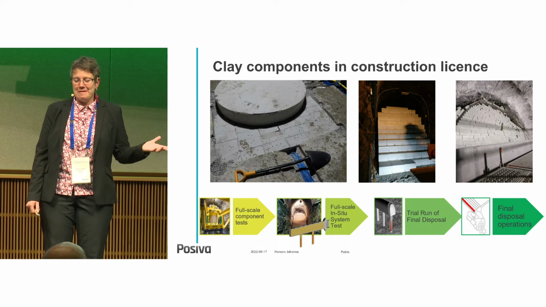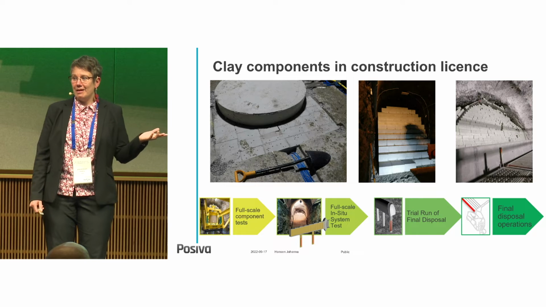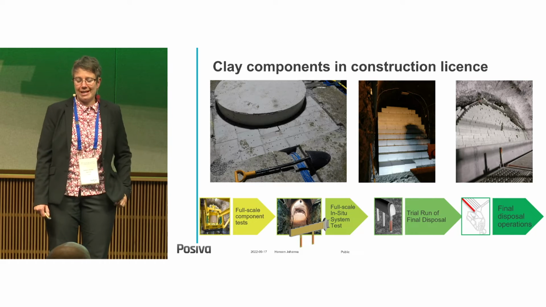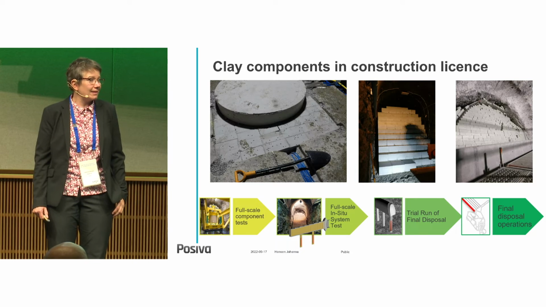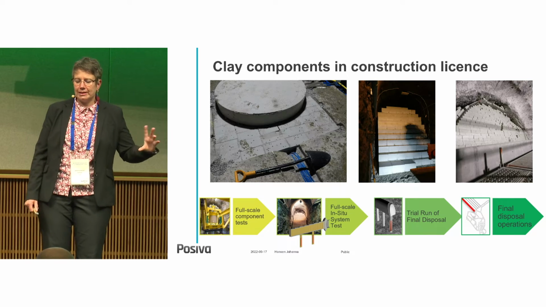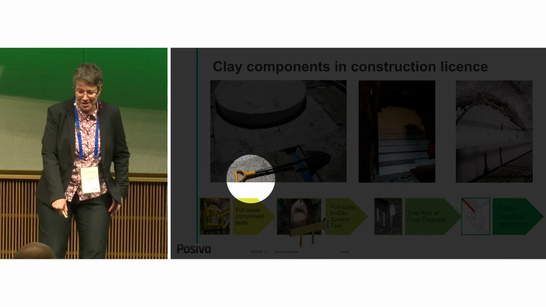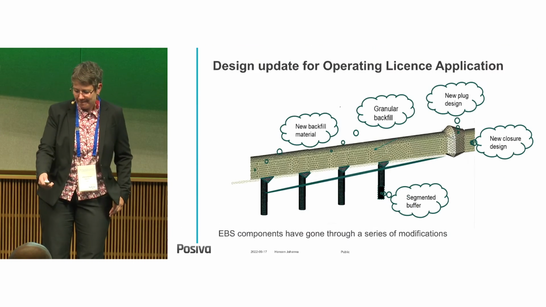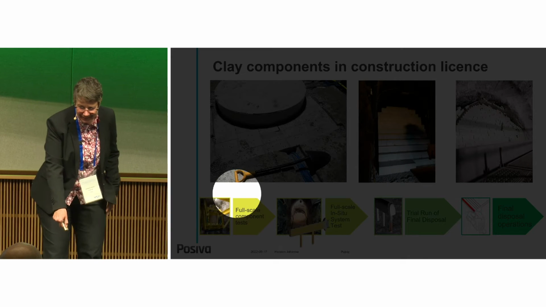Then we had to test that the system works, and the test phase was done in steps. First we had component by component testing in the different projects, as shown here.